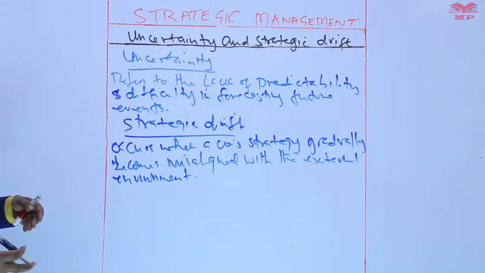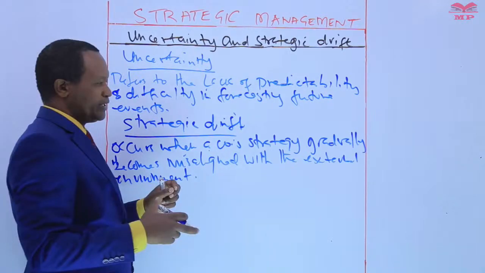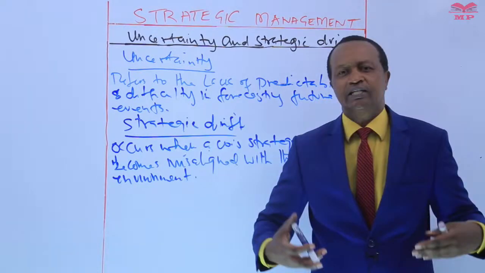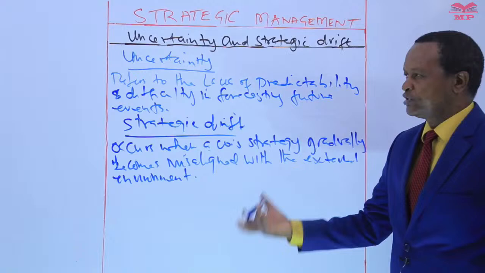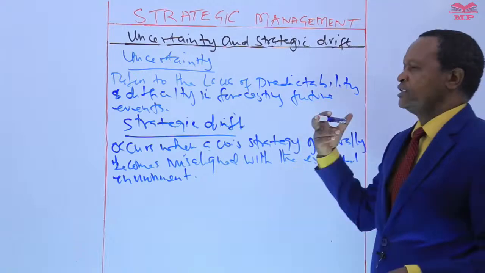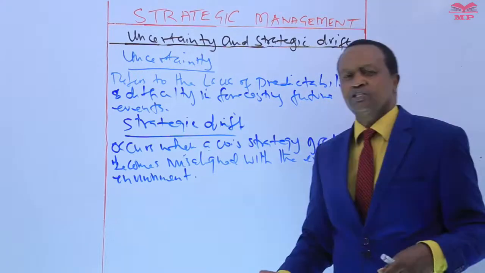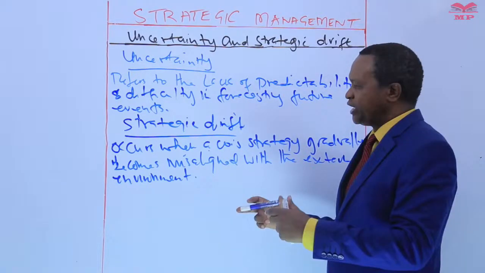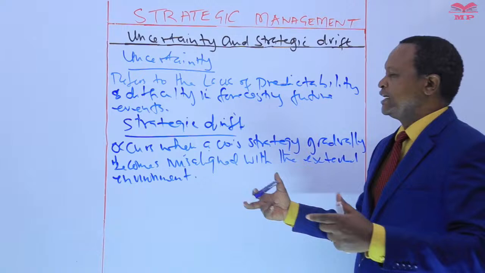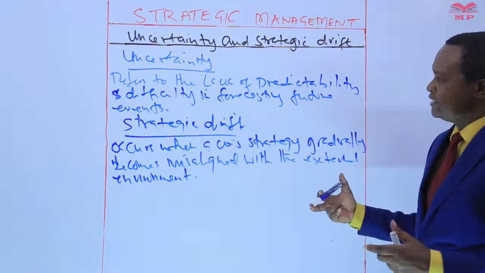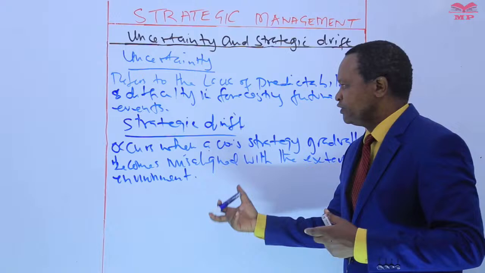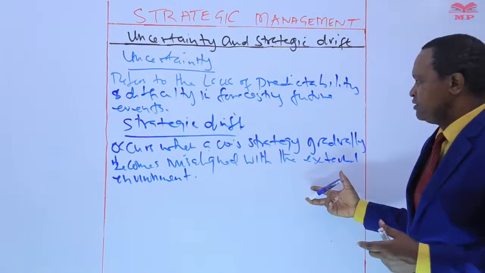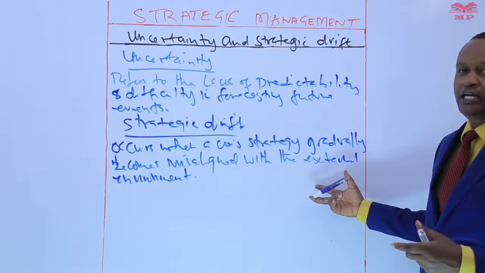So because we know an organization operates in an environment that is continuously changing. The political environment is changing, economic environment is changing, technological environment is changing, the social environment is changing. So when the organization fails to align itself with these external changes, then we say that that is strategic drift. It occurs when a company strategy gradually becomes misaligned with the external environment.